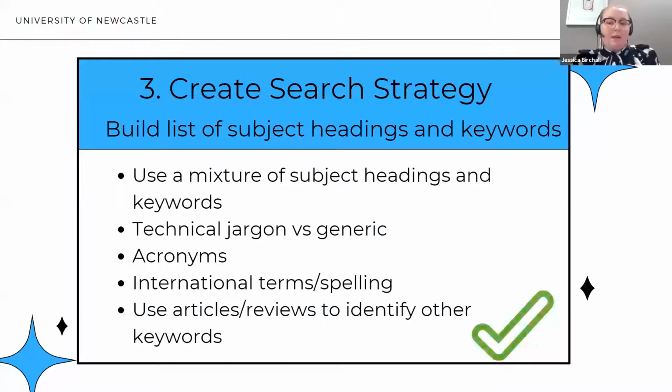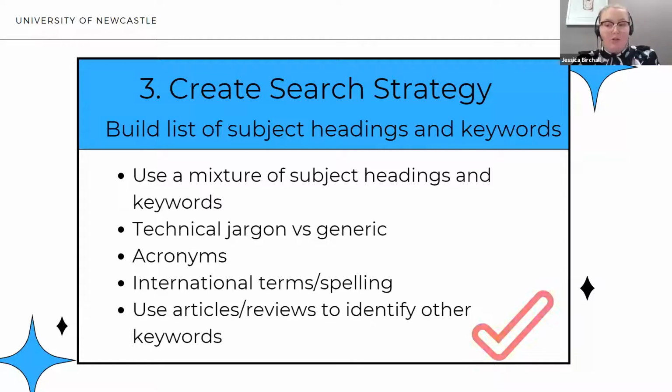So now that we've separated our question into the different topics, we need to build a synonym list within those topics. So building a synonym list is important, as an effective search strategy needs multiple terms to ensure that you find the most relevant material for your review.